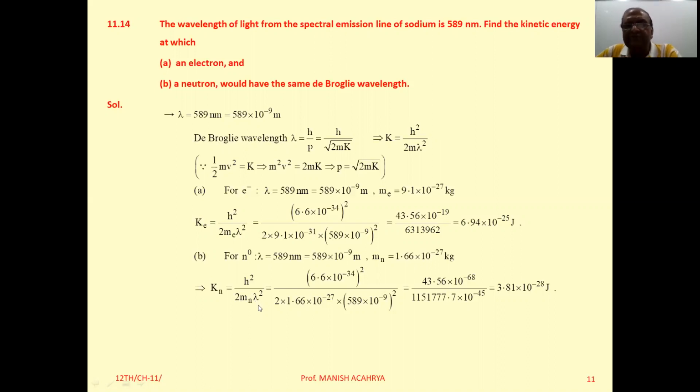Clear? So substitute the value of h, then take square of it. 2 mass of neutron 1.66 into 10 raised to minus 27 into lambda 589 into 10 raised to minus 9 and take square of it, then solve it. You will get kinetic energy of neutron. Clear to all of you?